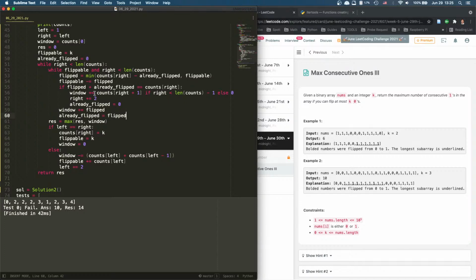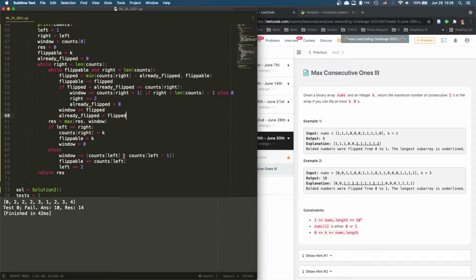Oh, that's just complicated. It's too complicated. Windows plus flipped, right? We add to the next one, and then if it's not, just windows plus flipped. And then we remove the previous one, so window minus equals the previous one, right?